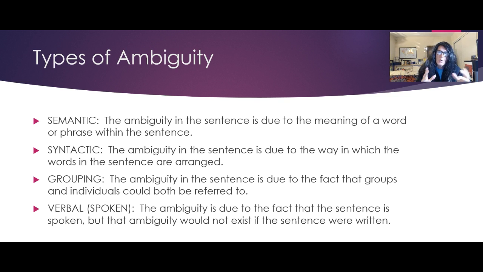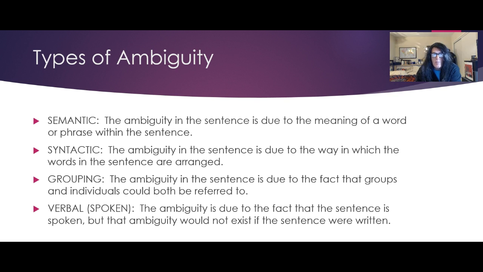So there's no word or phrase that's problematic, as in the case of semantic ambiguity, but rather it's that the way the words are strung together causes us not to be sure of the intended meaning of the sentence. So once again, we have a situation in which 2 or more meanings are possibly attributable to the original sentence that we're encountering, and we can't tolerate that as individuals who are engaged in the process of argumentation.